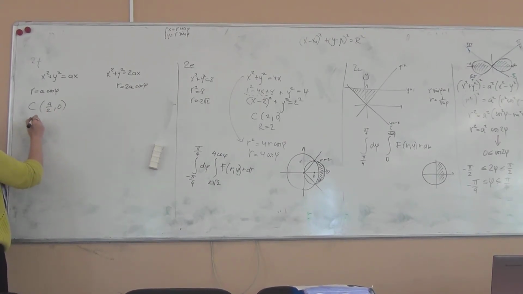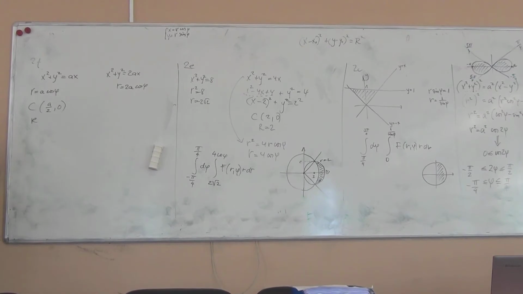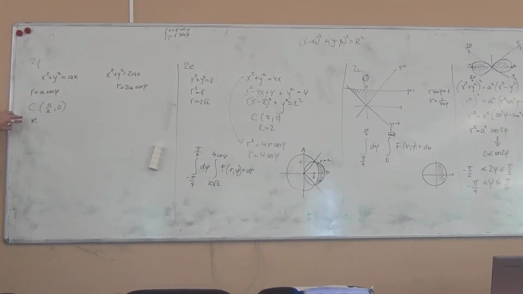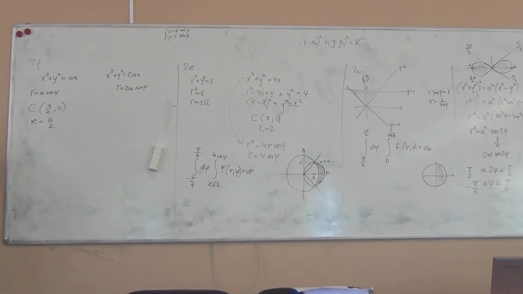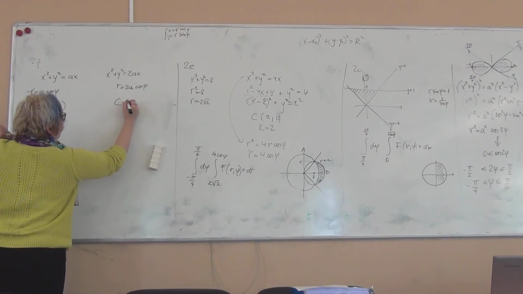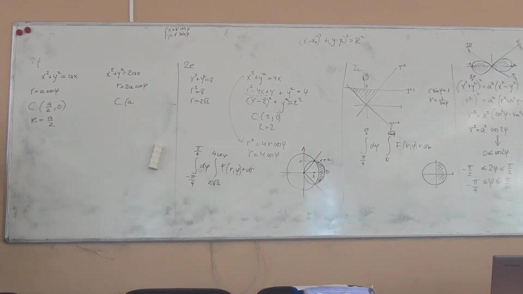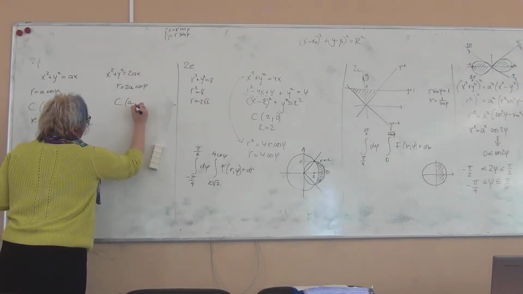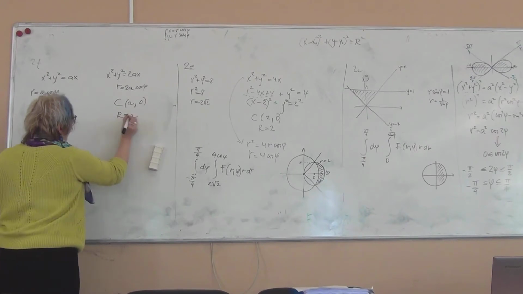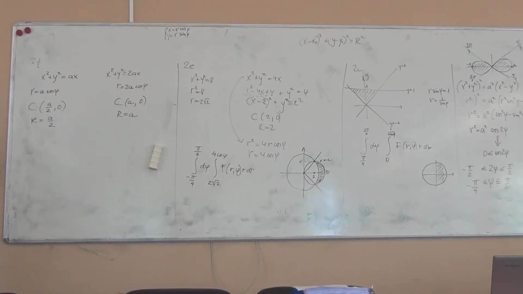The radius of this, I'm writing the capital R because the small r is simply the coordinate, but this is the radius of a circle. The radius will also be a half, and obviously it will pass through the origin. And for this one, half of this, so the x-coordinate of the center is a, in a similar manner, 0, and the radius is a as well.